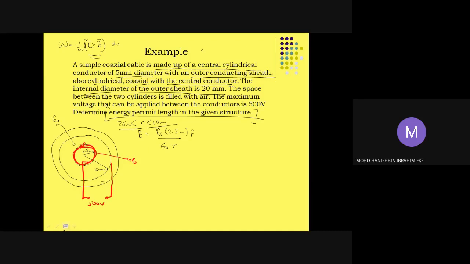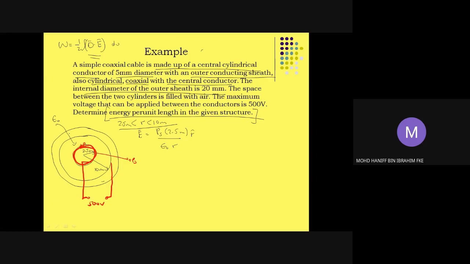You're going to learn in chapter 5 next week, starting from this Thursday, that in a conductor, there is no charge. Charge will only exist on the surface of the conductor. Given from the question, this is a conductor and the outer side is also a conductor.